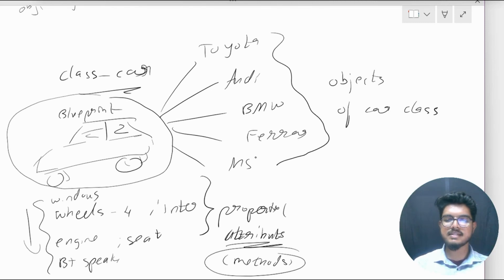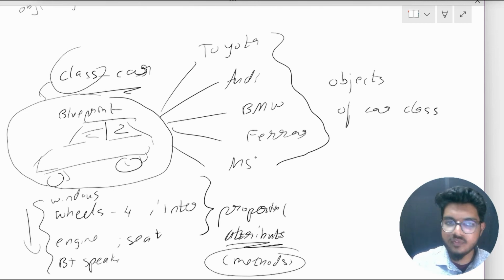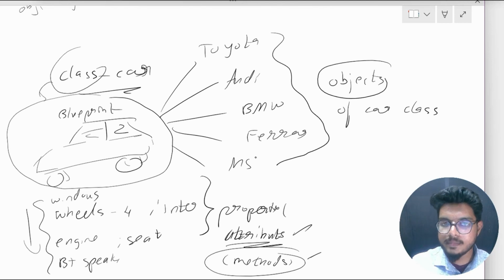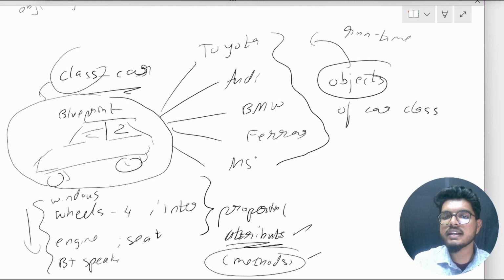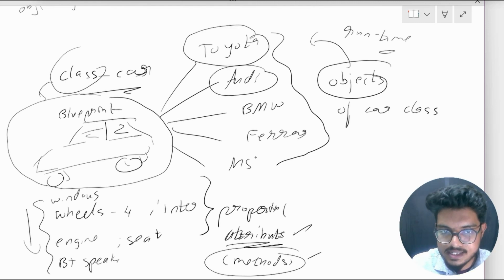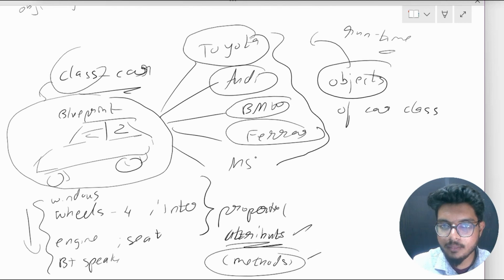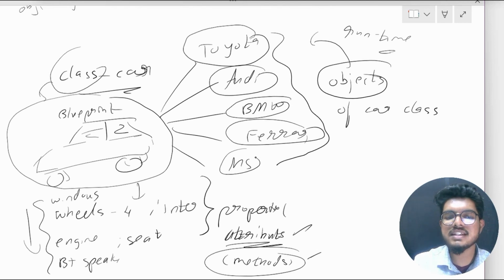To sum things up, the class is a blueprint of creating something which has attributes and methods, and objects are runtime entities. Until you create a physical car like a Toyota, Audi, BMW, or Ferrari, all of this is just imaginary.